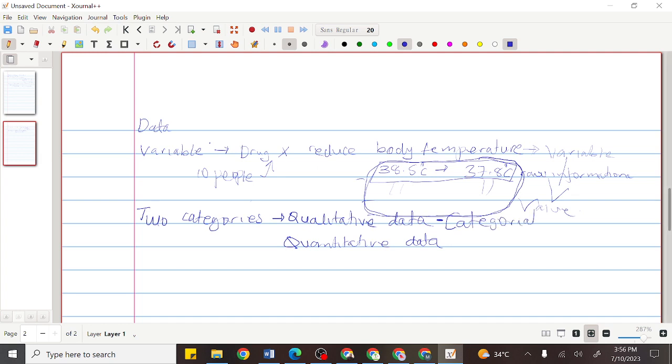Categorical data. And under this, basically, we have what we call nominal data. Okay, nominal data, which is basically data that is categorical, that the categories don't have any ranking, or the ranking doesn't make any meaning.